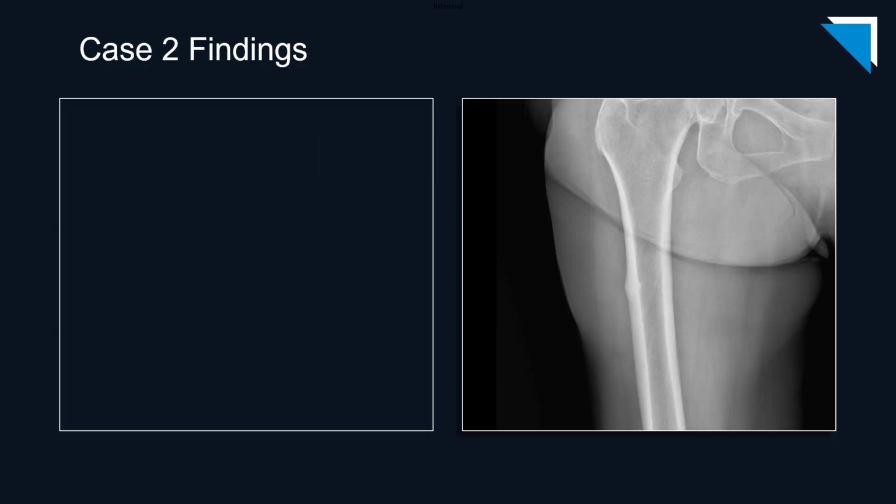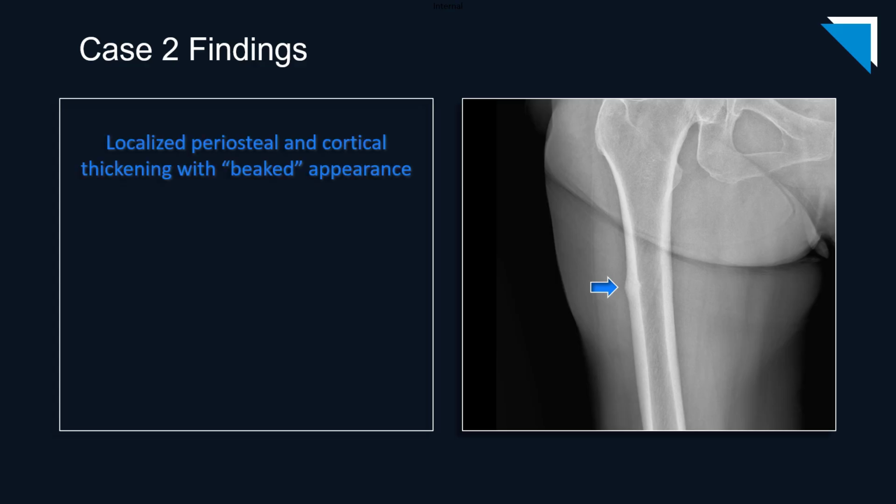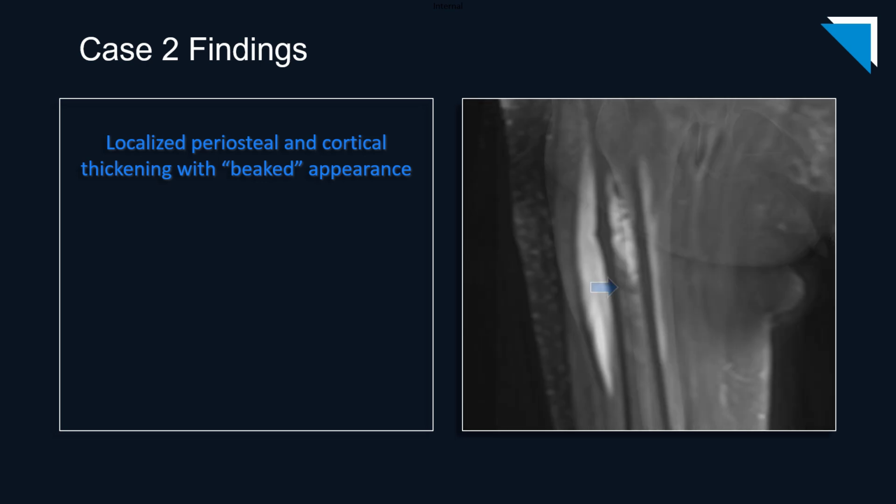Okay, returning to our original AP image to review the findings. There is localized periosteal reaction and cortical thickening along the lateral aspect of the proximal to mid-femoral shaft. This has a characteristic beaked appearance, which we can also appreciate on the MRI.